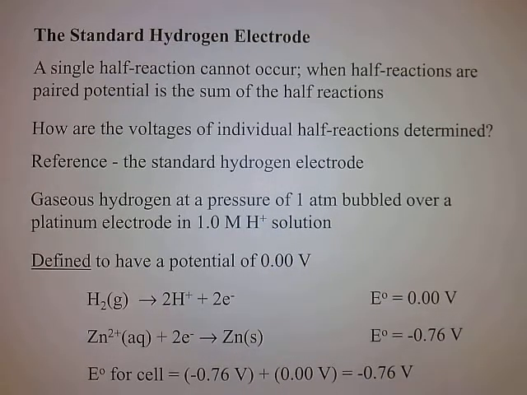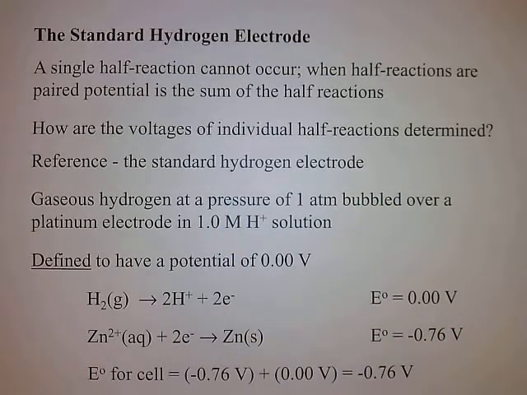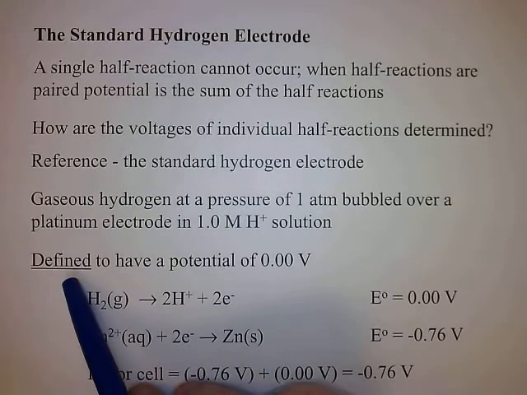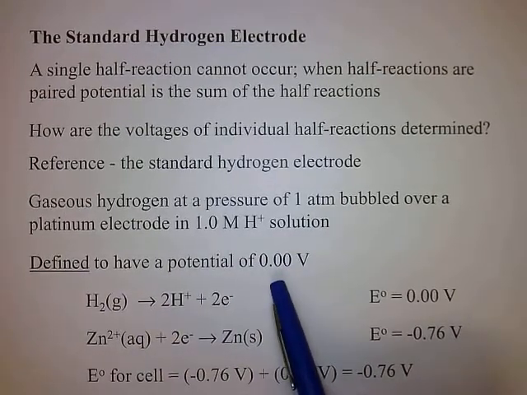That's standard conditions: 1 atmosphere of pressure on the hydrogen gas, 1 molar concentration of hydrogen ion. And this is defined to have a potential of 0 volts.